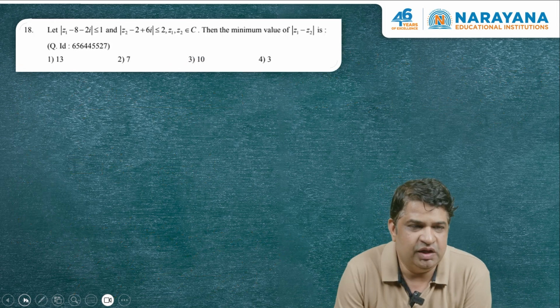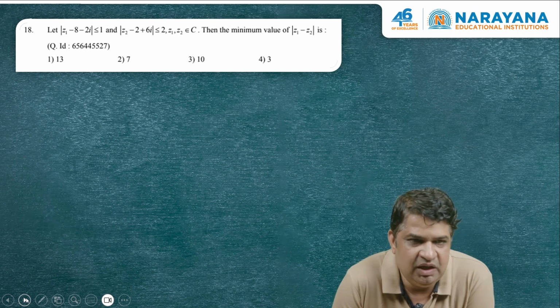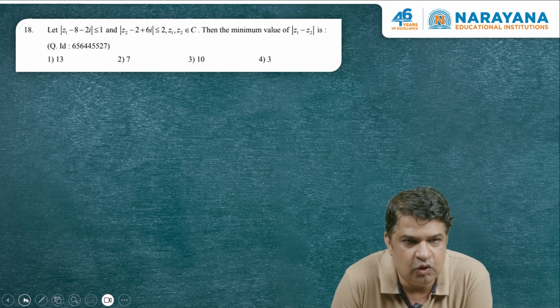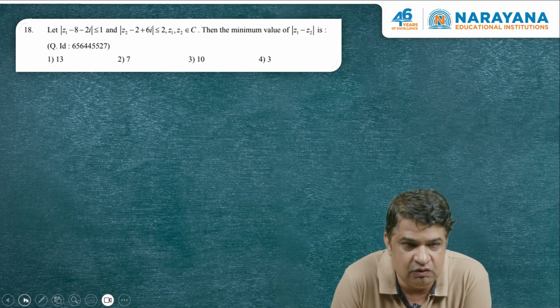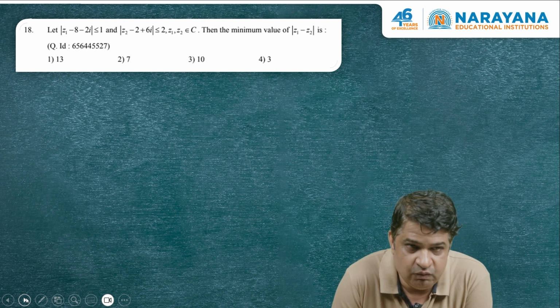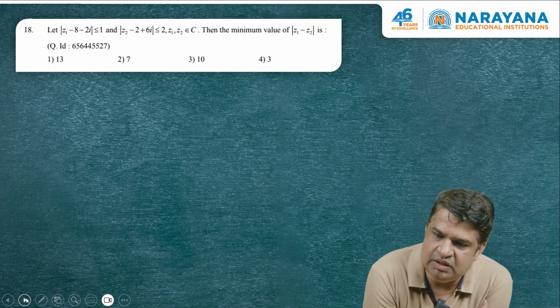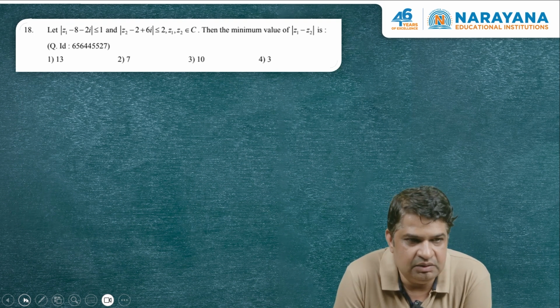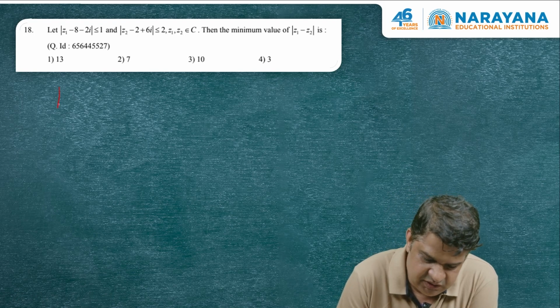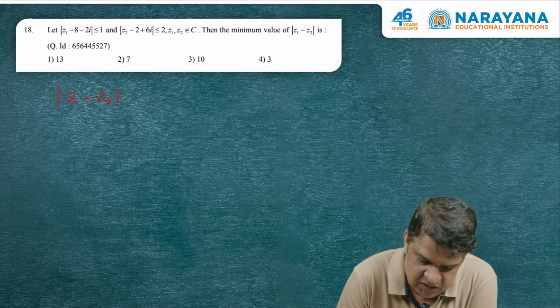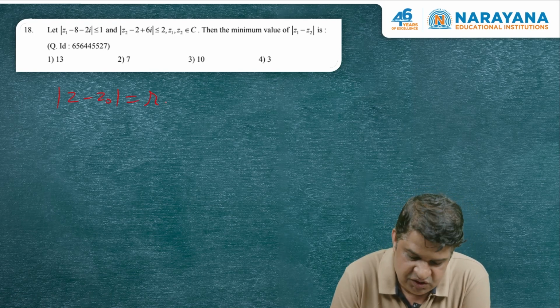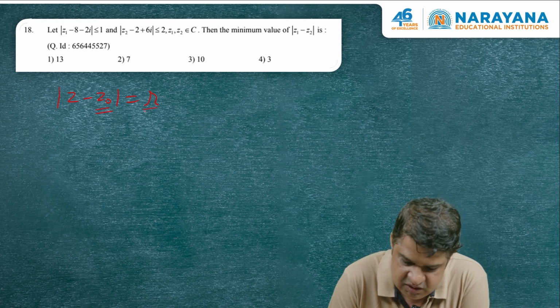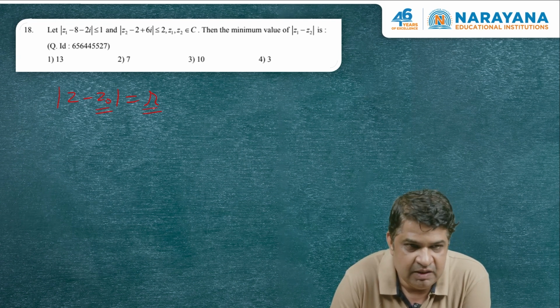As we know, mod of z minus z naught equal to 1 on the complex plane is basically the equation of a circle, where z naught is the center of the circle. If we have any equation in the form mod of z minus z naught equal to r, this z naught is the center of the circle and r is the radius.